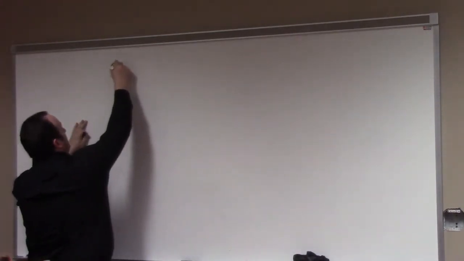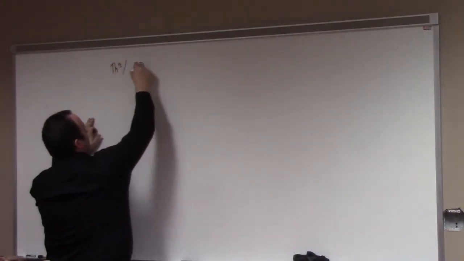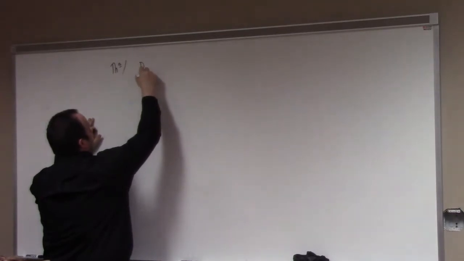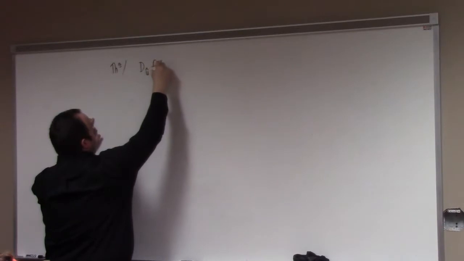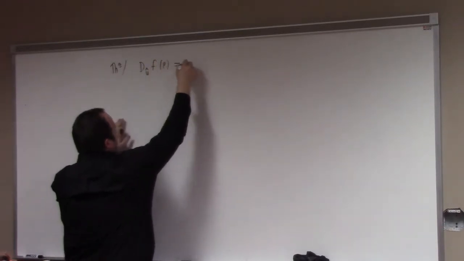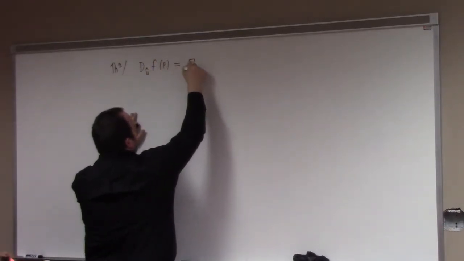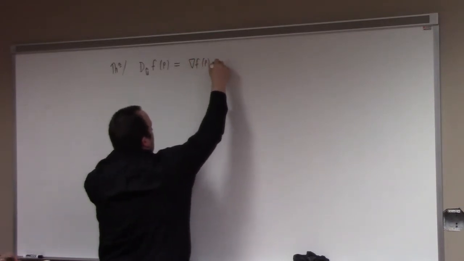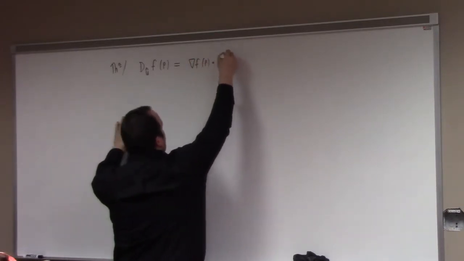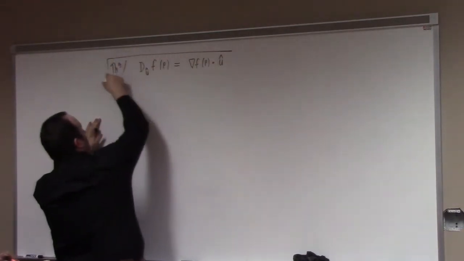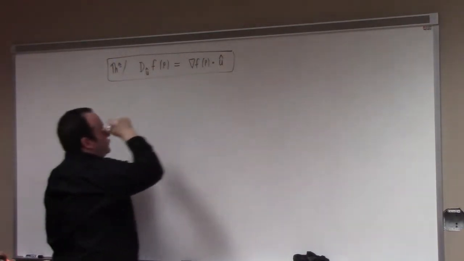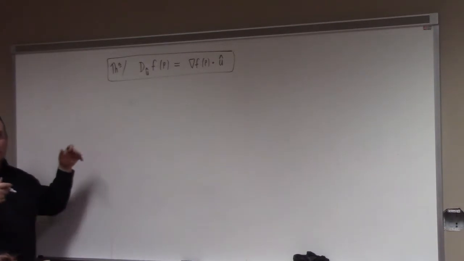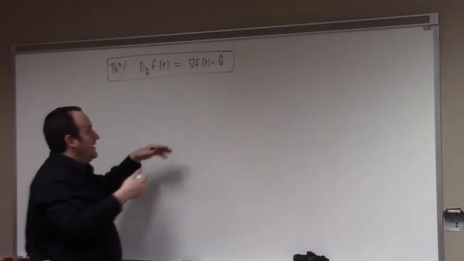Theorem, definition in some books: the directional derivative in the u-hat direction of f at the point P is given by the gradient of f at the point P dotted with u-hat. This formula works just as well in 2 dimensions as it does in 3.